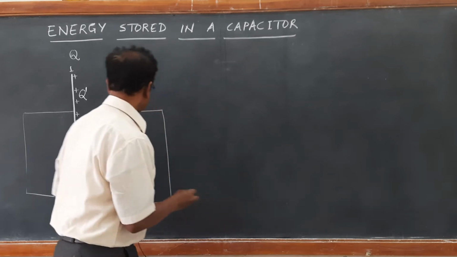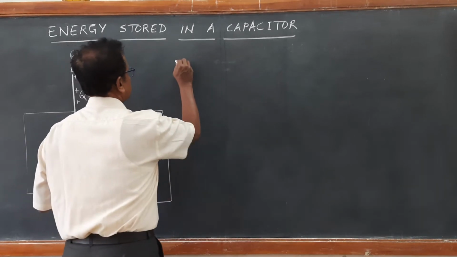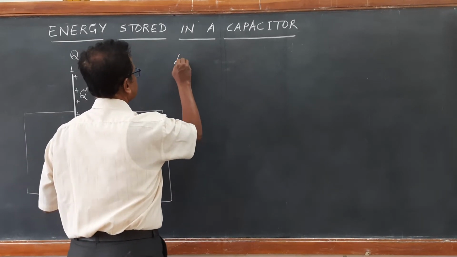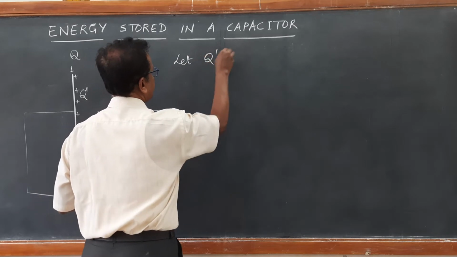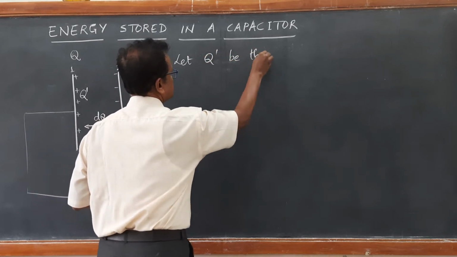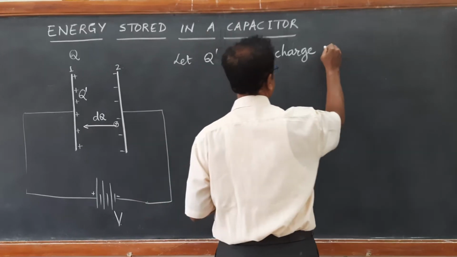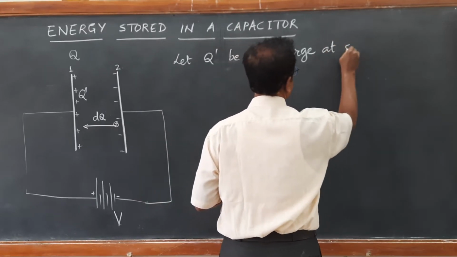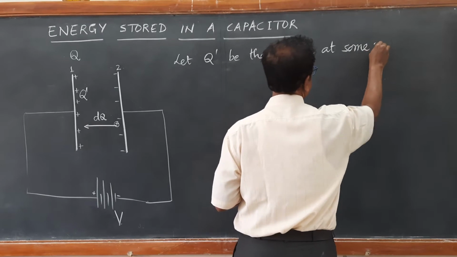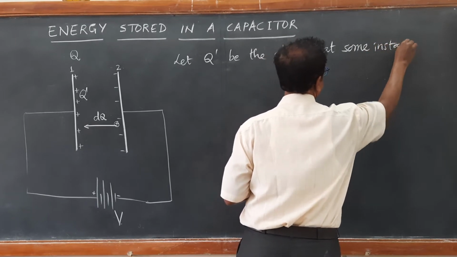So I am going to write here: let Q dash be the charge at some instant of time.